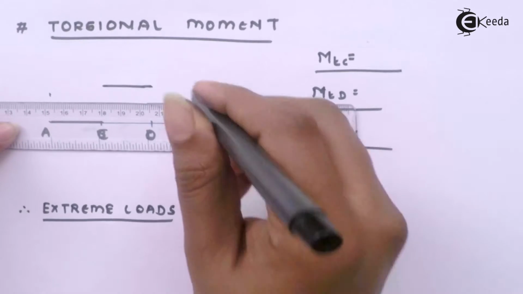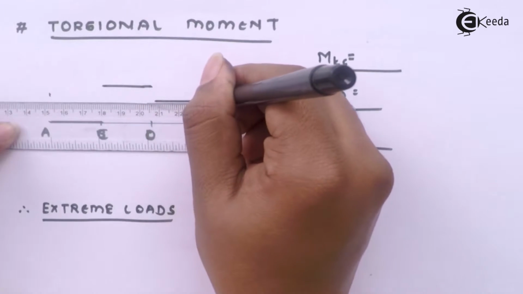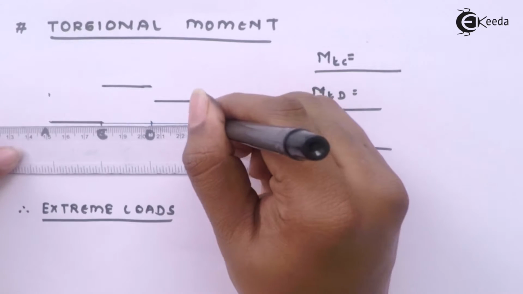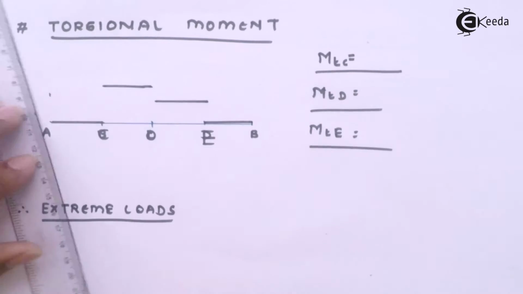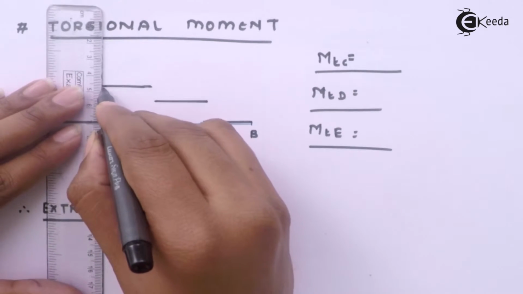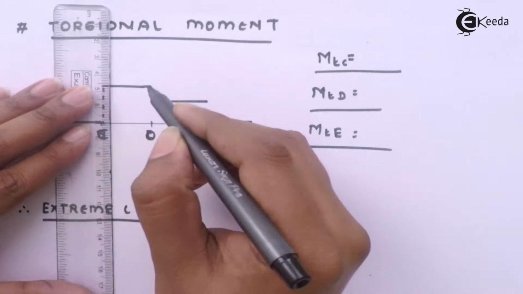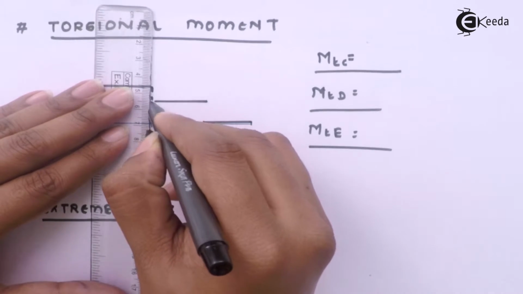For the rest of the region it is again becoming 0, where it jumps from 0 to the highest value, 0 to this value, and this value to again 0.